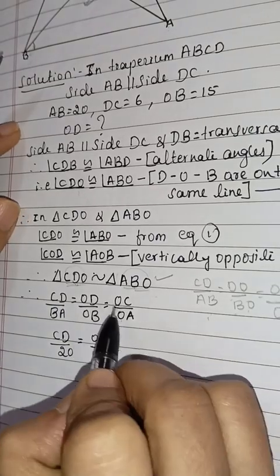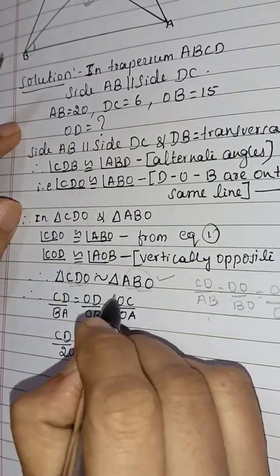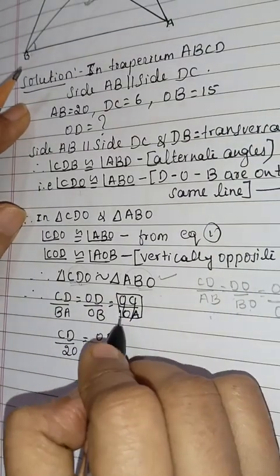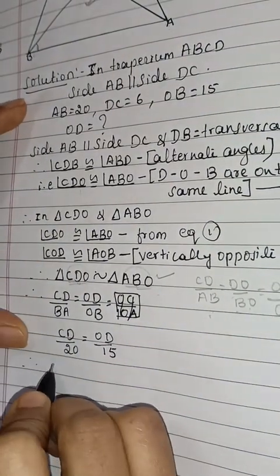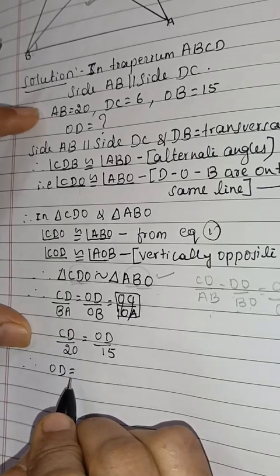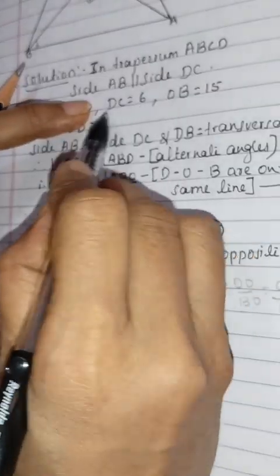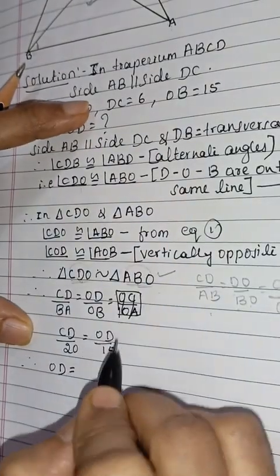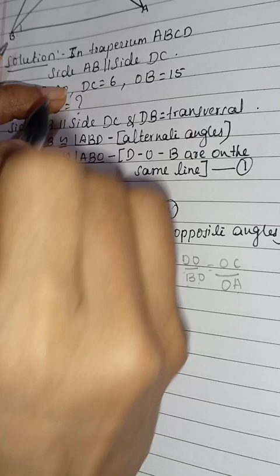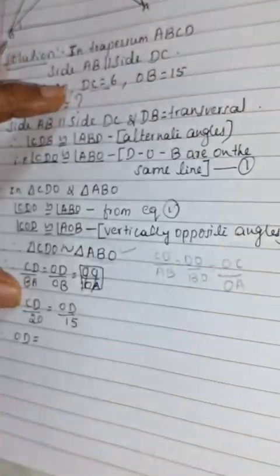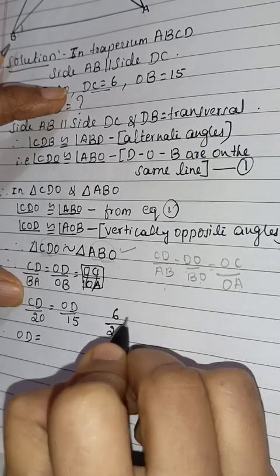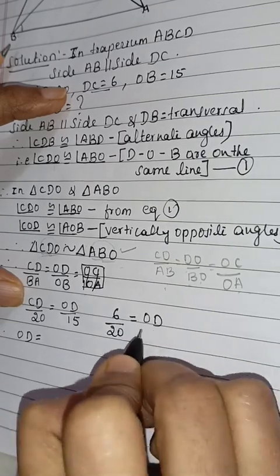This OC and OA is not necessary. Now, DC is 6, so I will write here CD or DC: DC is 6 by 20 equal to OD by 15.